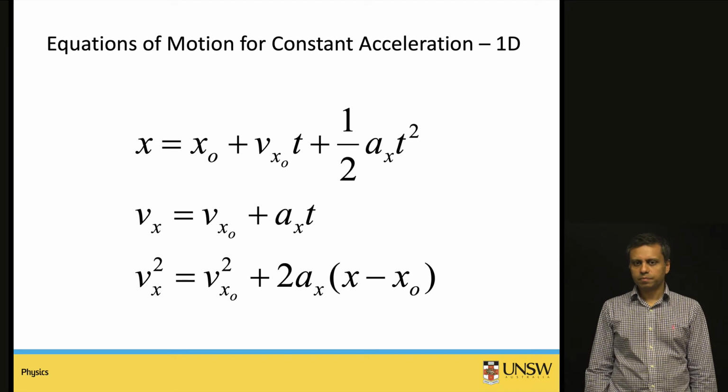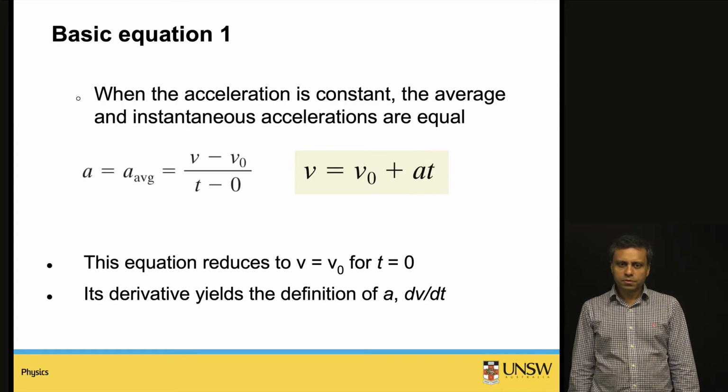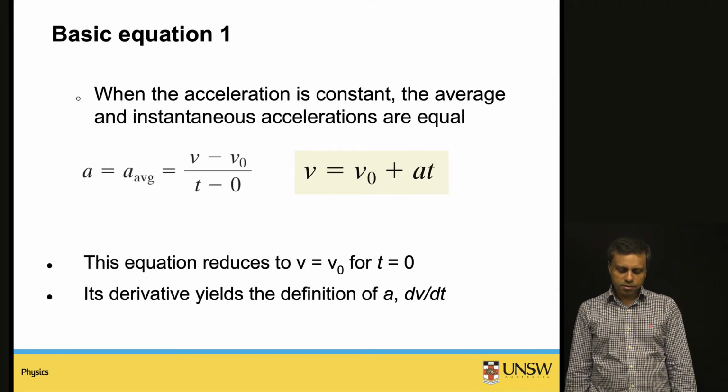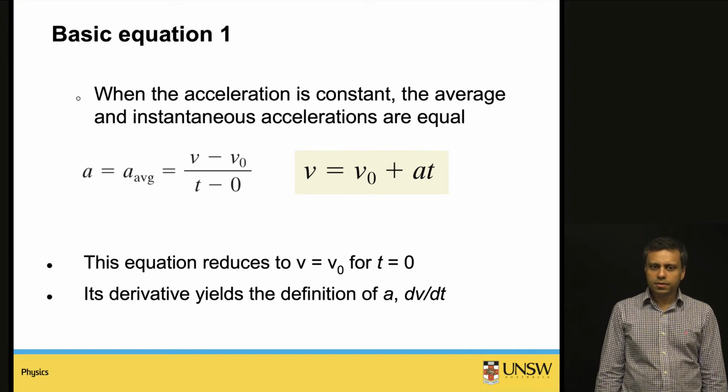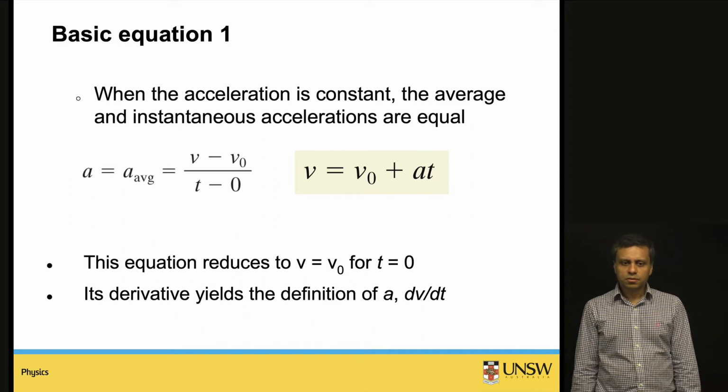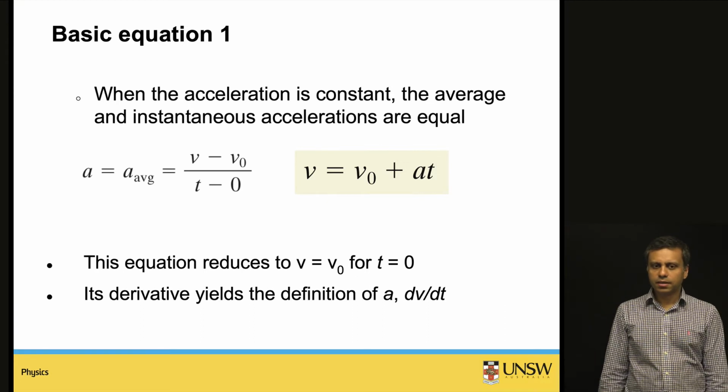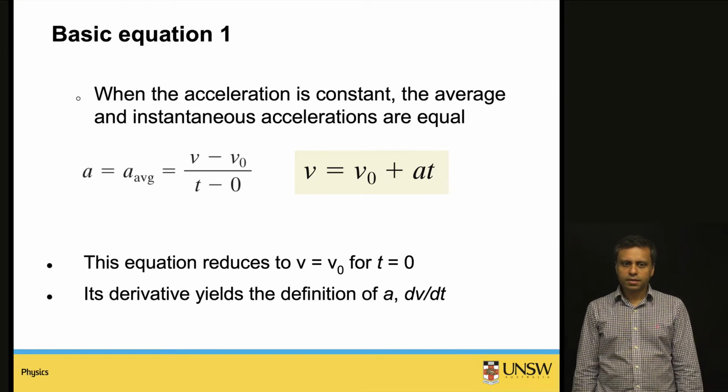So it just depends on the scenario described in the problem which equation you have to pick to solve it. Now let us derive two of the basic equations we have just talked about. The first one comes straight from the definition of acceleration in terms of velocity. Because we have assumed the acceleration to be constant, it is not changing over time, so the average acceleration is also equal to this constant acceleration.